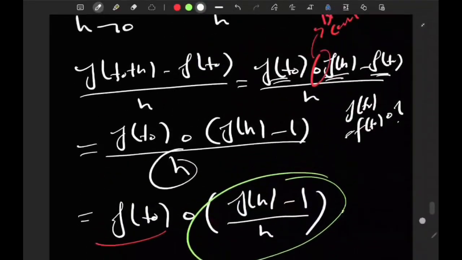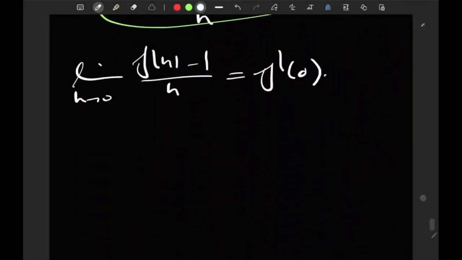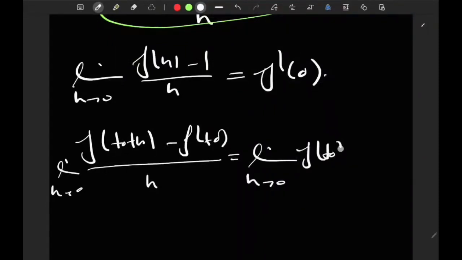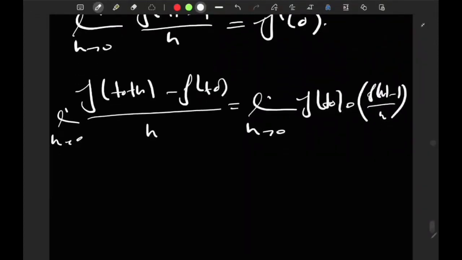Now let's look back at our case here. What I have is f of t0 plus h minus f of t0 divided by h, and I'm computing the limit as h goes to 0 of this thing. I figured this is the same as the limit of f of t0 composed with f of h minus 1 over h. But since the composition function is continuous, I can insert the limit inside.